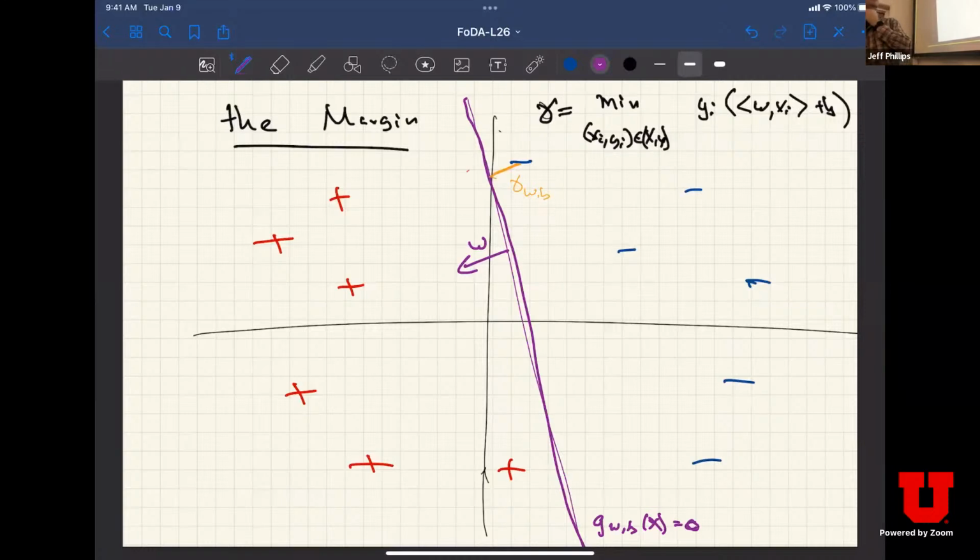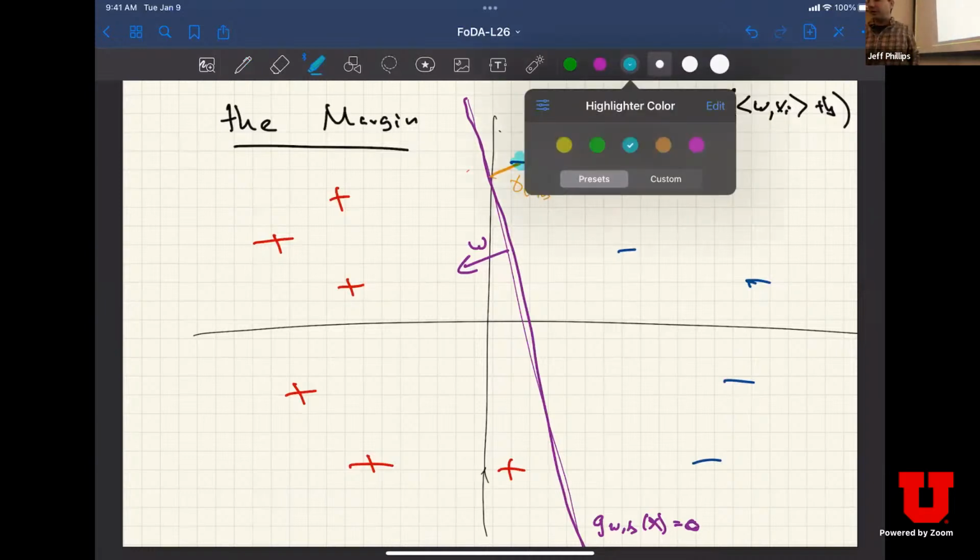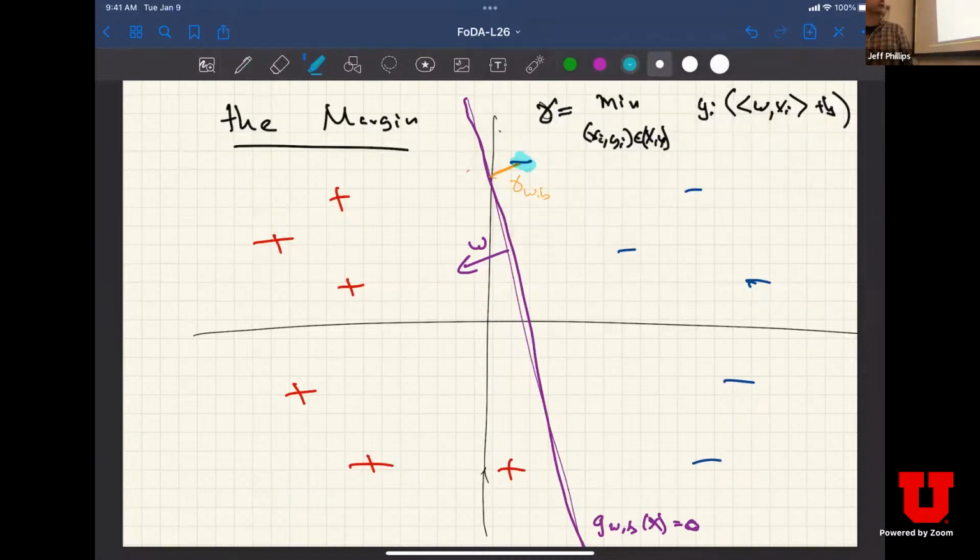Even with the offset, the value is going to be negative for the point I've highlighted up here. This value is going to be negative, multiplied by yi, so it becomes positive. It's correctly classified, but what this tells me is the length of the margin, right? So this is how far it is from being misclassified.